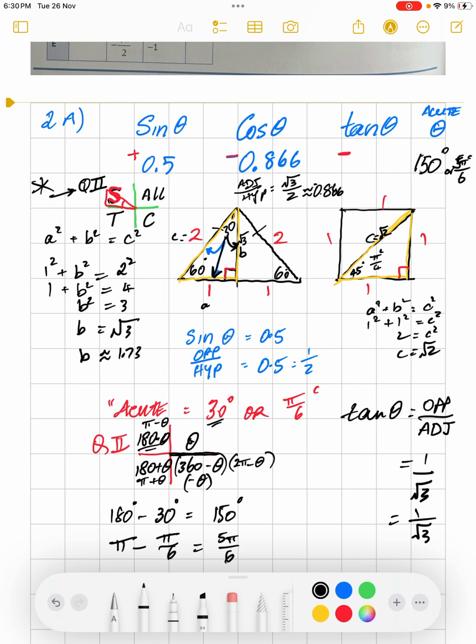Can we get that on the calculator? I don't have a calculator on the screen, so you're going to have to trust me on this.